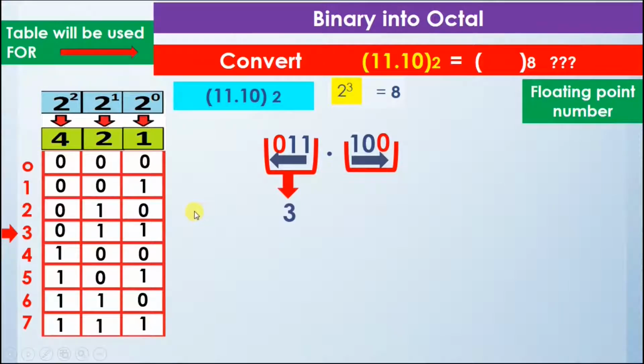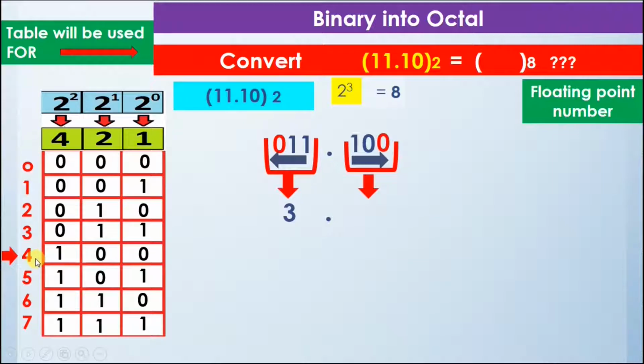Now we add the decimal point. So the decimal point comes to its place. Next, we have the digits 100. So we will find the digits 100 in the table. As we can see, the bits 100 are here in this row, and they are equal to which octal number?